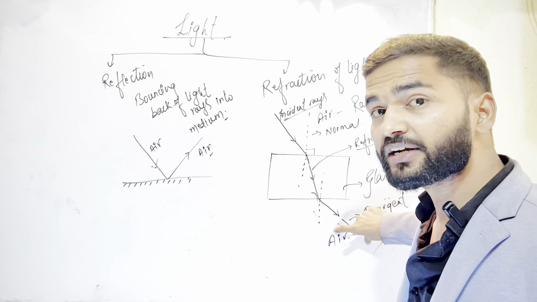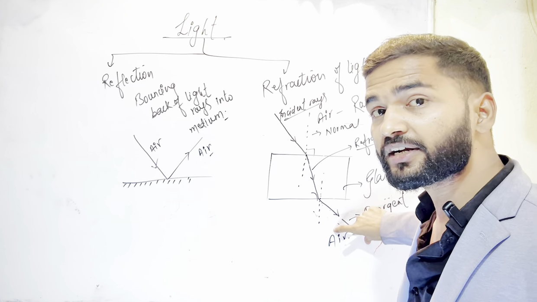And the angle which is formed between the refracted ray and the normal, that is called what? Angle of refraction. Now, what is the name of this angle?